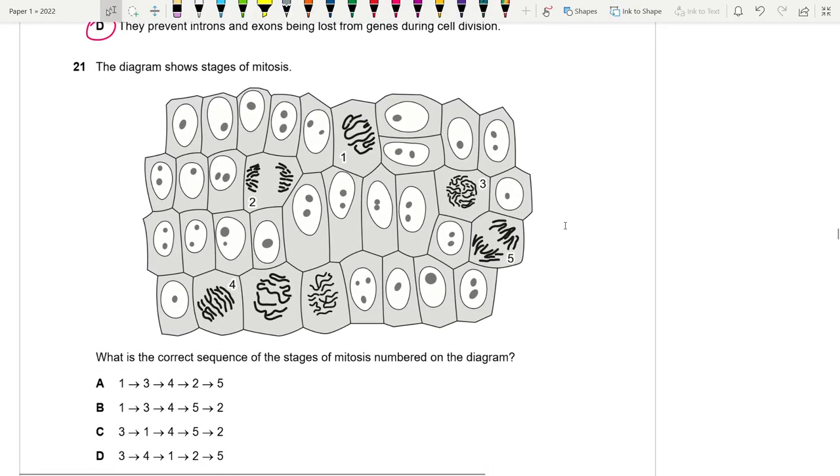21. The question shows the stages of mitosis, and asks for the correct order of the sequence. Prophase, metaphase, anaphase, telophase.